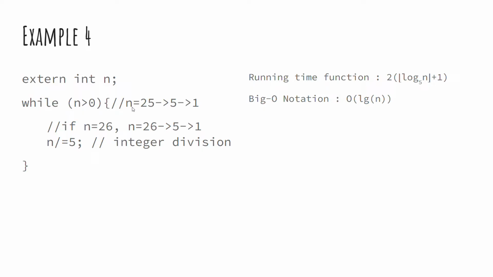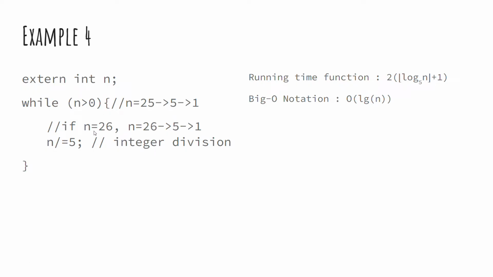And so when n is equal to 25, this loop iterates 3 times. In the first iteration n is equal to 25, and then in the second iteration n is equal to 5, and then in the third iteration n becomes 1, and then finally when you divide 1 by 5 you get 0. And so this loop will break in that condition.